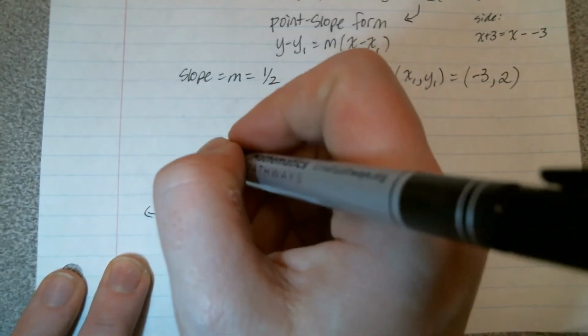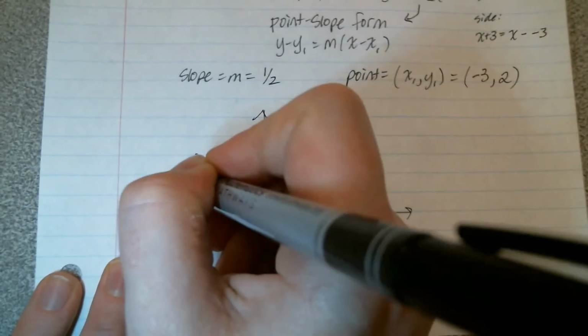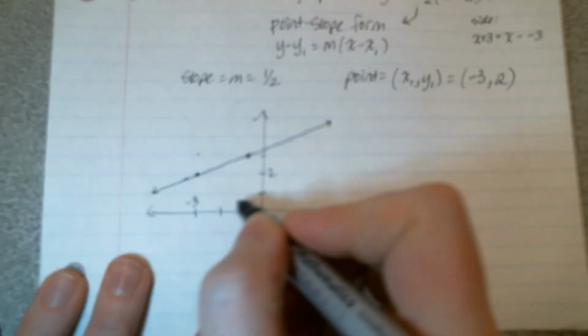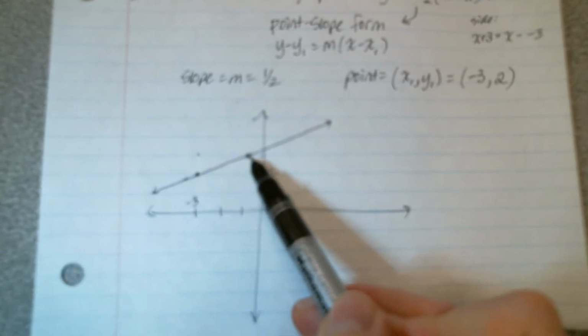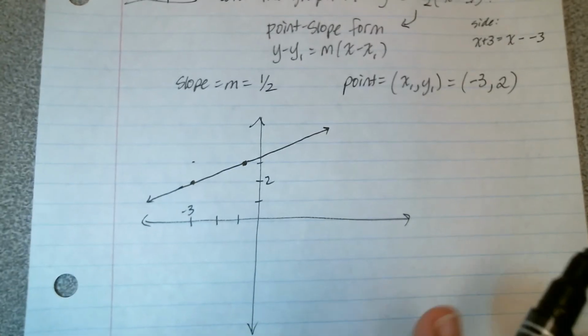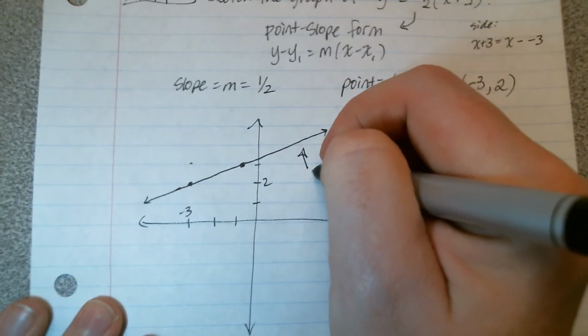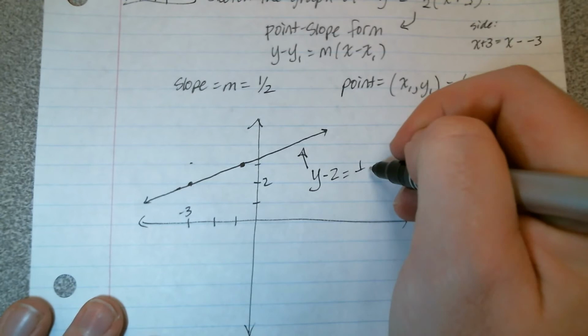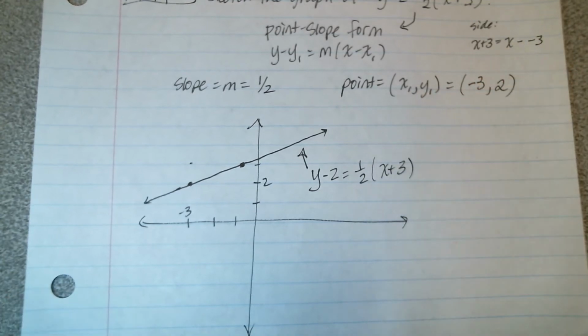I can connect them with a straight line. And again, you want to extend that line within your graph here. It is not just a line segment from here to there. It is an entire line. So here we've graphed the equation y minus 2 equals 1/2 times x plus 3.